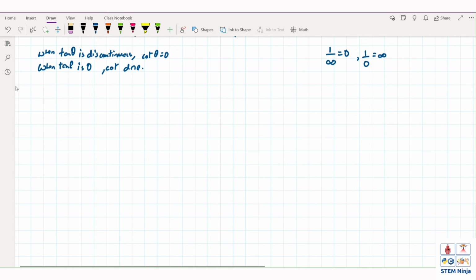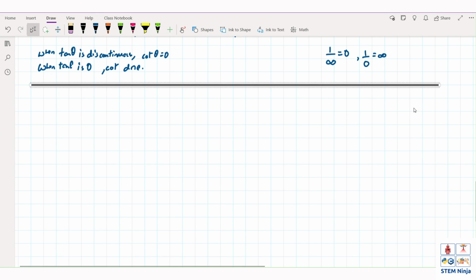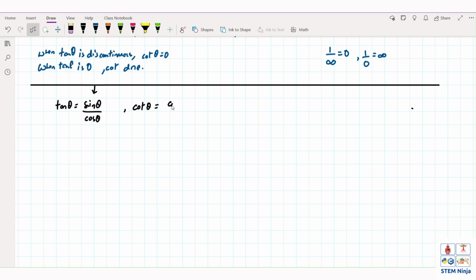So one relationship we have already seen was that tan theta is equal to sine theta over cosine theta. Since cotangent is the reciprocal of tan, we would take the reciprocal of this fraction also: cosine theta over sine theta.